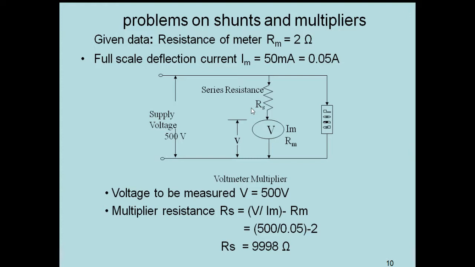With this also we can solve, and similarly we will get the answer for the series resistance. But note down, these problems are very important: problems on extension of range of meters, problems on shunts and multipliers.